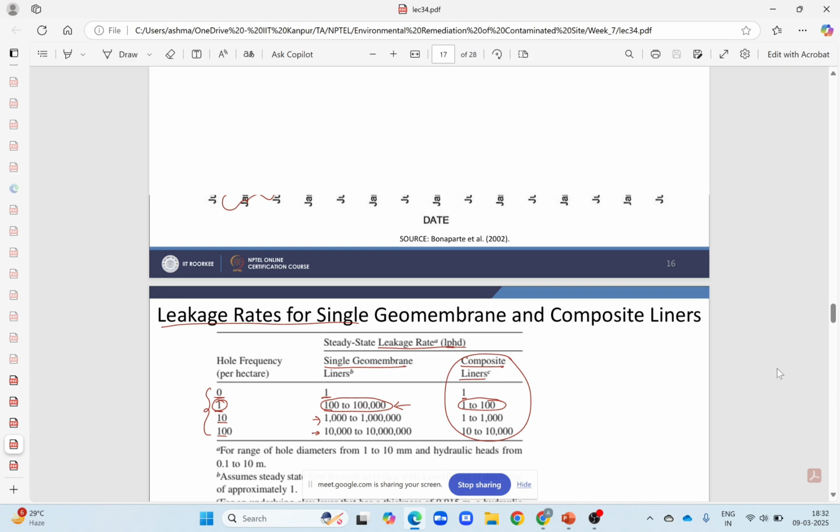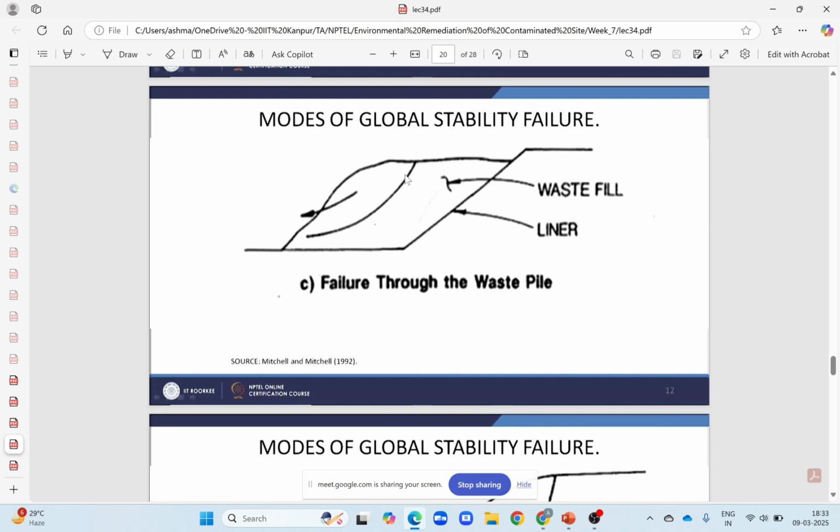The next type of failure is failure through the waste pile. Waste piles can slightly slope. They are made each day in a cell, so they can slightly slope away from that particular cell. So here it is a foundation.